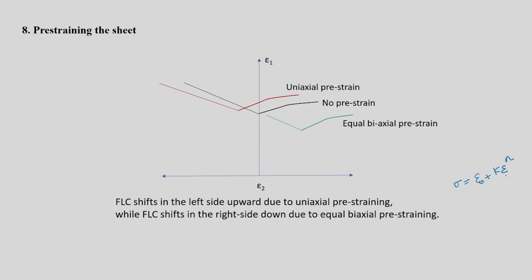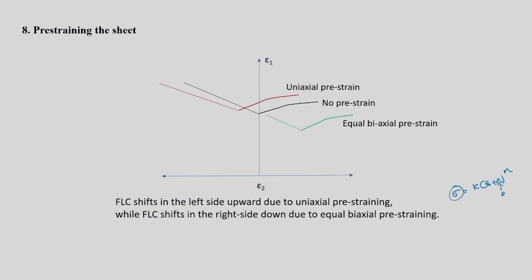So if you put your strain as 0 here, you will still get some strength in the material, which means that this equation will take care of any pre-straining that you have in the sheet.